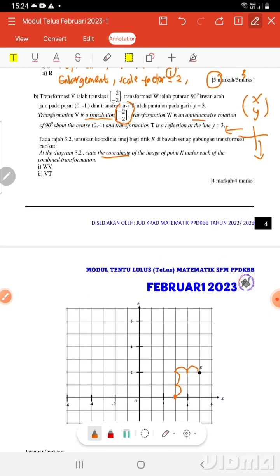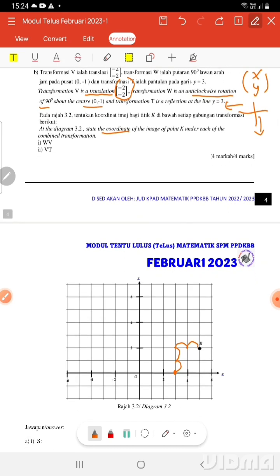Then for W, it is an anti-clockwise rotation of 90 degree about the center 0, -1. So find the center first. 0, -1. So this is your center, and label your center. Then anti-clockwise rotation.